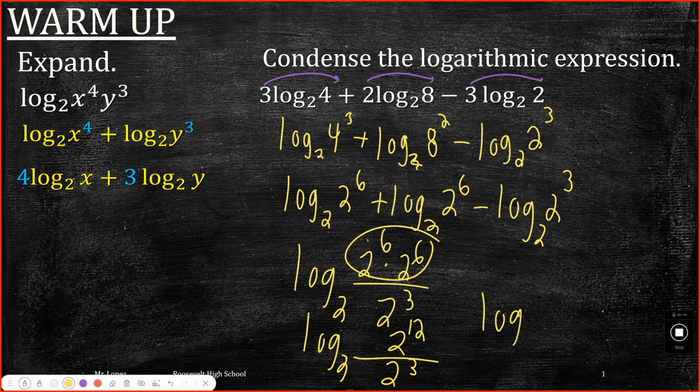Log base 2. 2 to the 12 over 2 to the third would be 2 to the what? 2 to the 9? Is the answer 9? Because log base 2 of 2 cancels out, the answer is going to be 9.